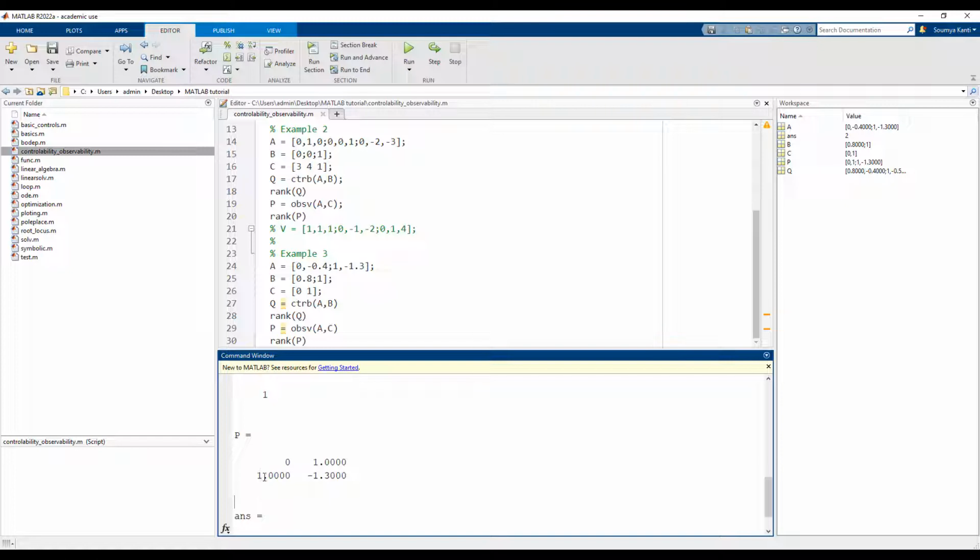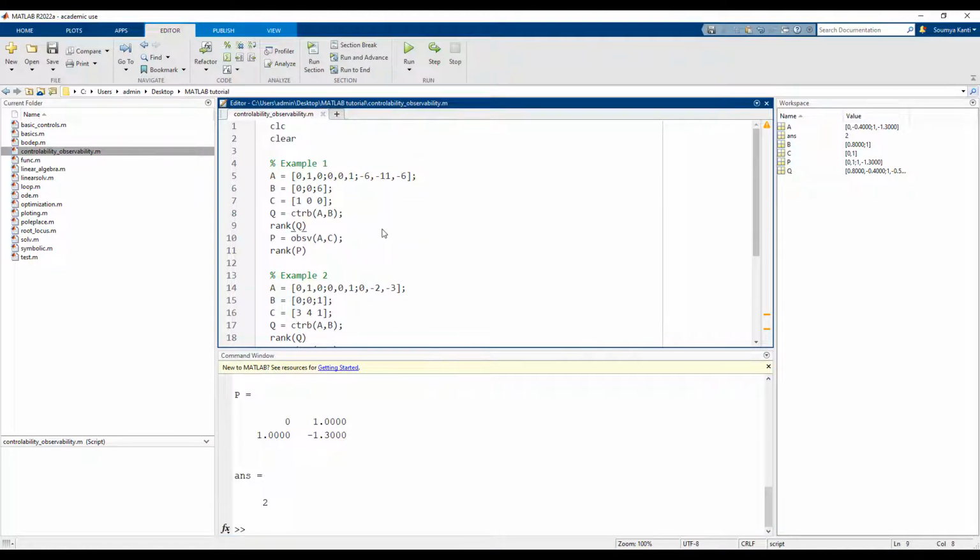The observability matrix is 2 by 2 and its rank is 2, so here the system is observable but not controllable. So this was how to check if a system is observable or controllable by generating the observability and controllability matrices and checking their rank.